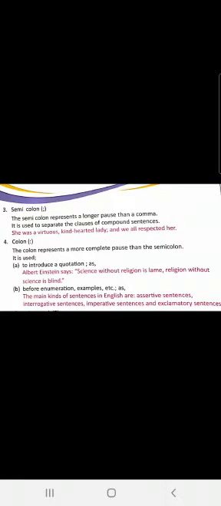Let's see colon. The colon represents a more complete pause than the semicolon. It is used to introduce a quotation. Like Albert Einstein says, put this colon: science without religion is lame. Religion without science is blind. Before enumeration, examples, etc. Children, enumeration means the action of mentioning a number of things one by one.